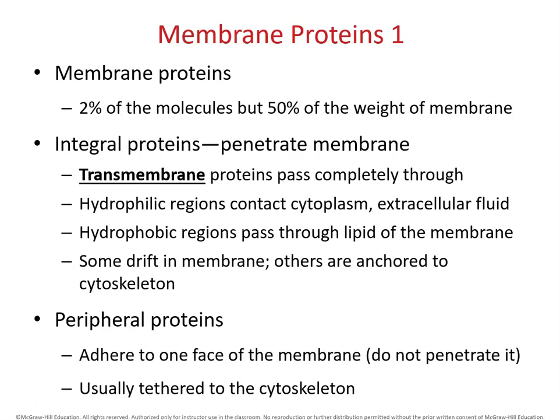They're generally anchored by cytoskeleton inside the cell, so they drift less and have less freedom of motion than the phospholipid bilayer. In contrast to the integral transmembrane proteins, we have something called peripheral proteins. Peripheral proteins don't go all the way through. They're only on the outside of the cell surface.